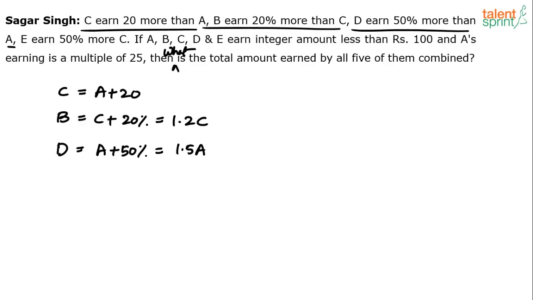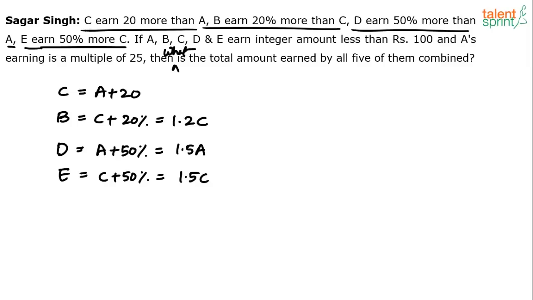Then E earns 50% more than C, so E will be equal to C plus 50%, which is 1.5C. In fact, you should directly be writing these values instead of showing how we arrived at it, since you know all those simple calculations. So C earns 20 more than A, B earns 20% more than C, D earns 50% more than A, E earns 50% more than C.